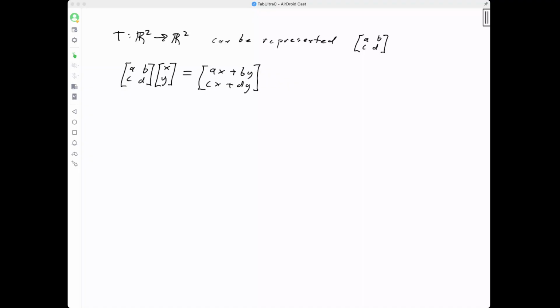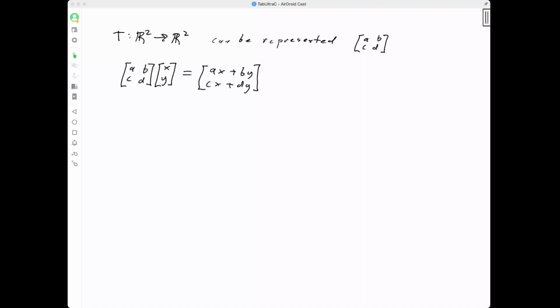It does not matter whether you add two vectors together before you do the matrix multiplication or after, and it doesn't matter if you multiply a vector by a constant before you do the matrix multiplication or after. Either way, you get the same answer. So this is a linear transformation.